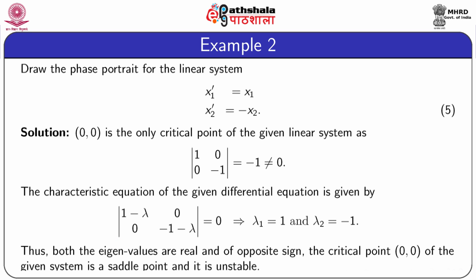Thus, we have two eigenvalues which are real but of opposite signs, and hence from the previous theorem we conclude that the critical point (0, 0) of the given system is a saddle point and it is unstable.